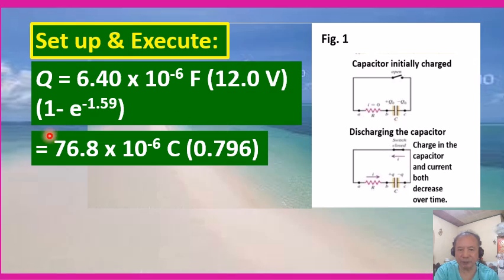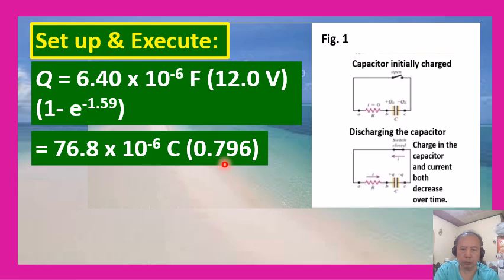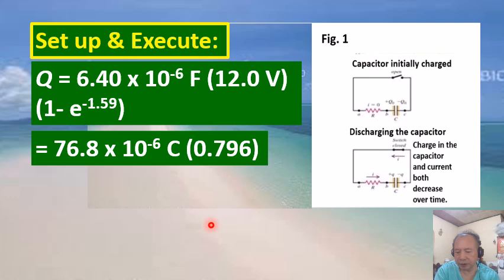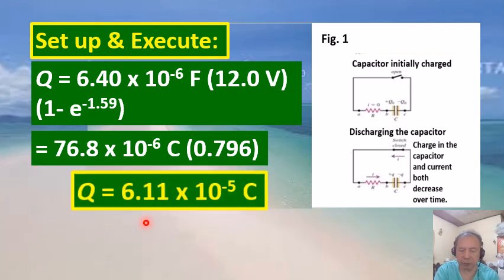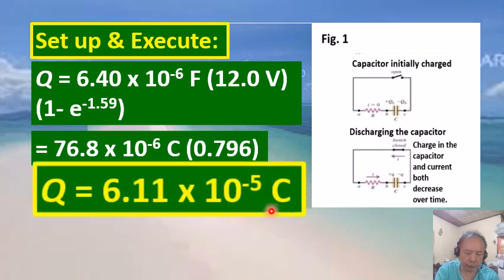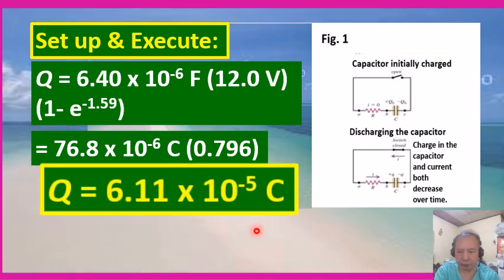This is the result of subtracting Euler's number raised to negative 1.59 from the number 1. So, multiplying these two quantities, we finally arrive at the value of the charge big Q equal to 6.11 times 10 to the negative 5 coulombs, also rounded to 3 significant figures.